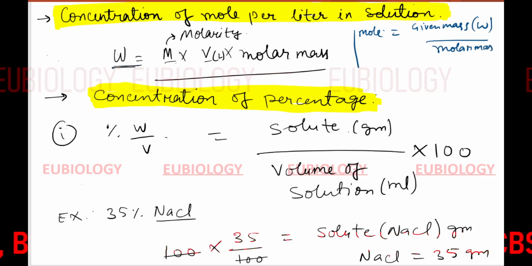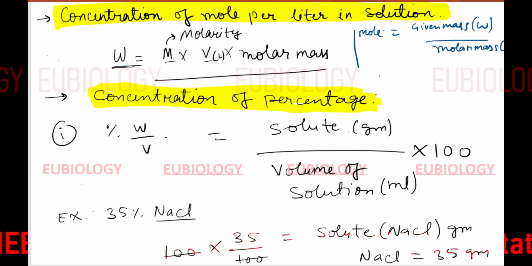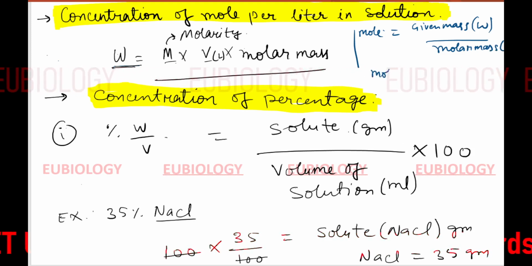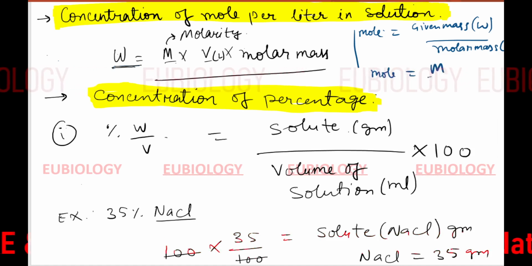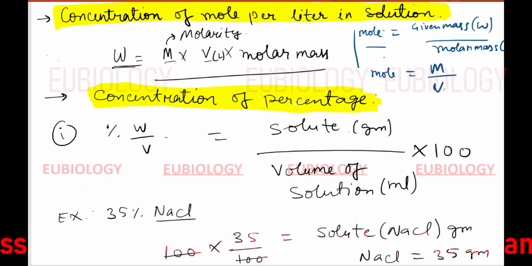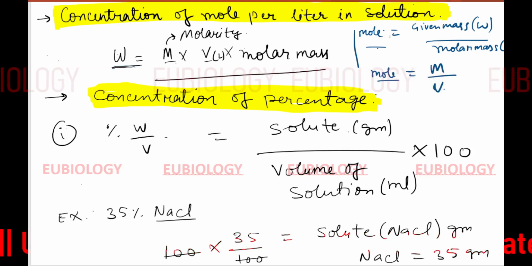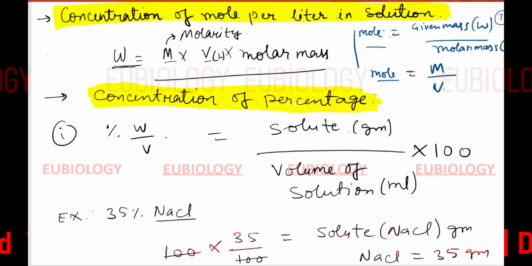Molar mass I am representing as a small m. Now, another formula for the mole is molarity times volume. So mole is equal to this mole, and this complete equation 1 is equal to equation 2.